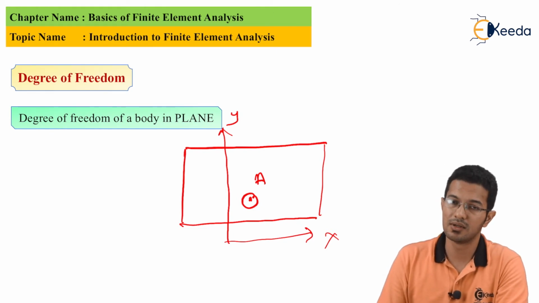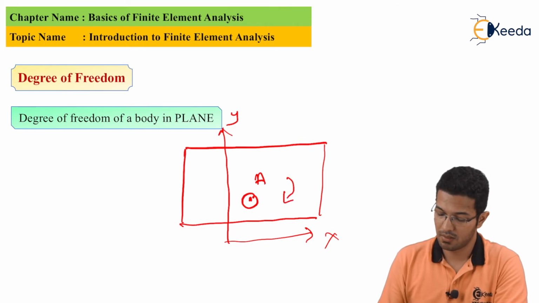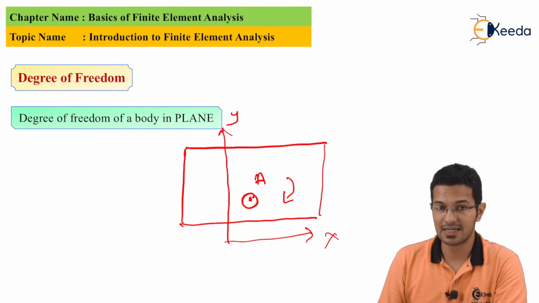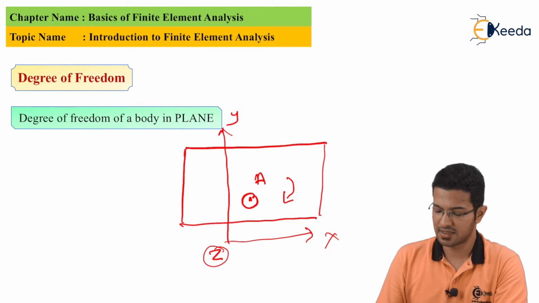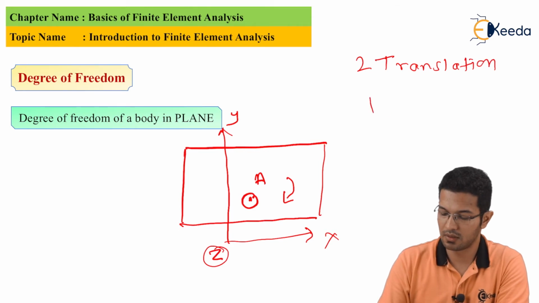But point A can also rotate about the z-axis. Am I clear with this part? Yes. So I can understand that point A is having 2 translation motions and 1 rotation motion.